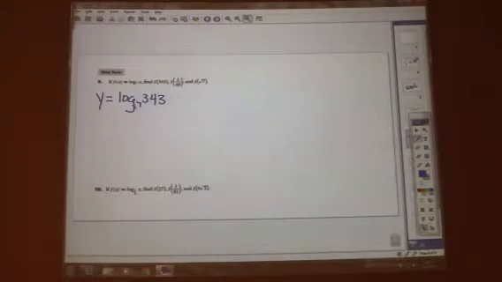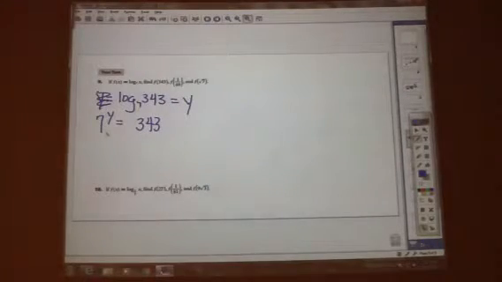It's in log and I want to change it to exponential. So I would say what? 7 to the y equals 343. Y'all, that's the same thing we just did, except it's on opposite sides. Would it make more sense if I put the equals y over there? Does that help? 7 to the y equals 343.